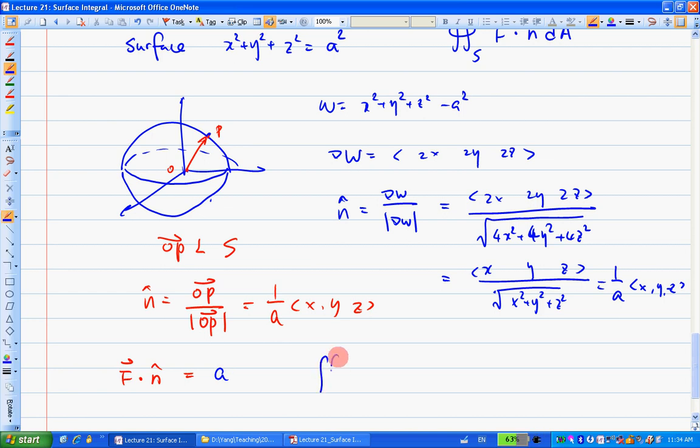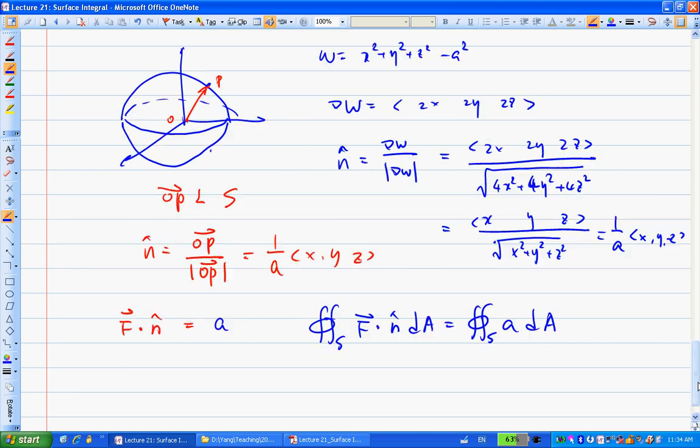Then the surface integral becomes the surface integral over S of a dA. And a is a constant, so you can take the a out of this integral, leaving only the surface integral of dA. What does this mean?